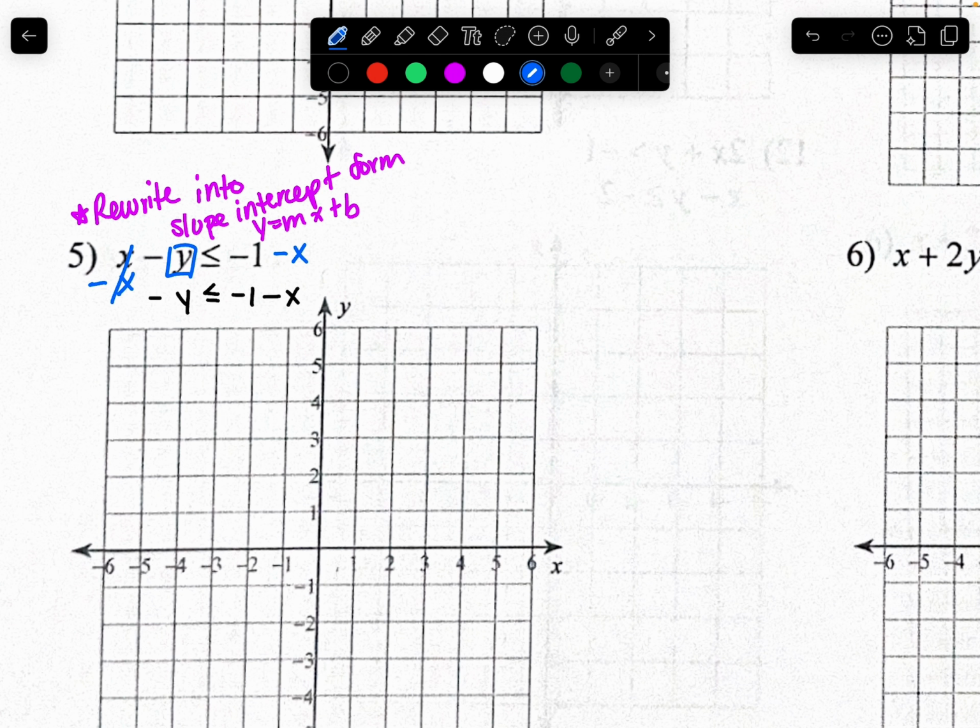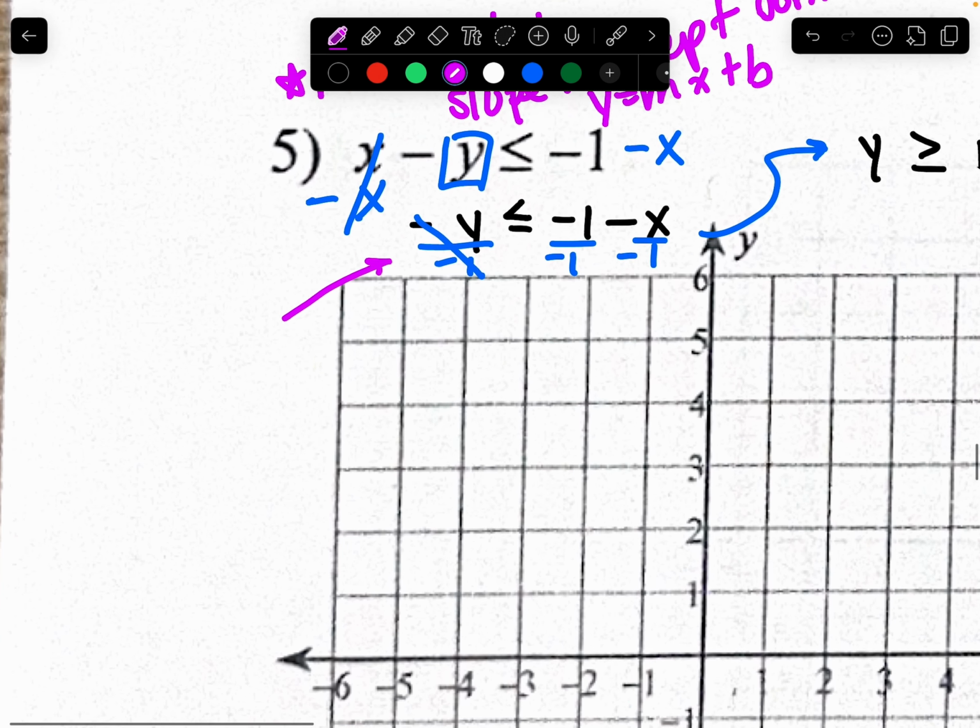We do not want a toxic y, right? We don't want negativity here, so we do have to divide by -1. If you divide -1 here, you must divide it to both here. Oh, right? They're not friends, so they can't share. So you have to divide it to both of them. So therefore, we have y. Now, if we divide by a negative, we do have to flip our sign here. 1 plus x. So another side note here.